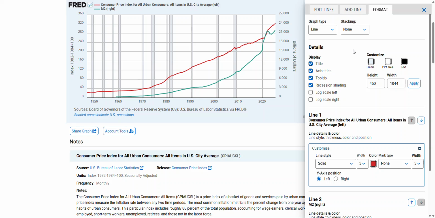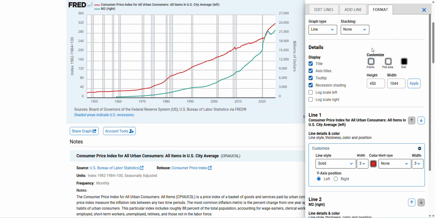And multiplying those together, it's like how much money you have, how often does it turn over? That's equal to P times Q. Well, Q is the real GDP and P is the price level. Oh, where does the price level come from? Consumer price index.